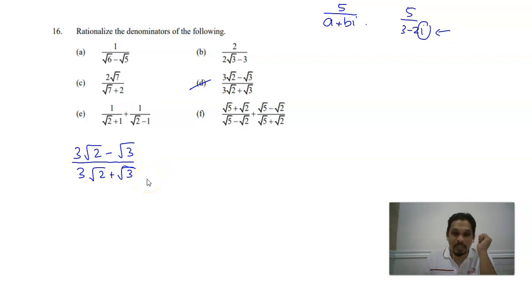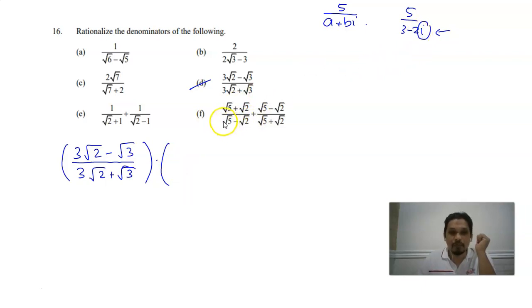We don't want any fraction with i on the denominator's side, or the surd sign on the denominator side. Only on the top can we leave the answers with the sign of surd, but not on the denominator, the bottom. So in this case, we are going to multiply with a conjugate just like this.